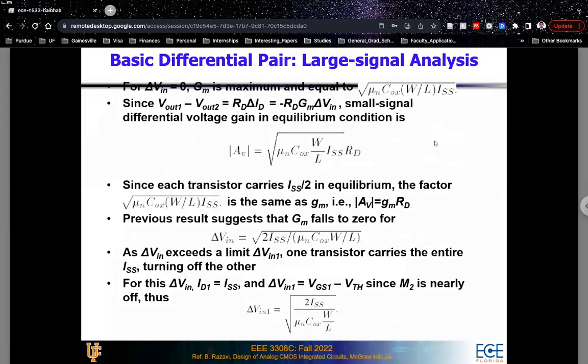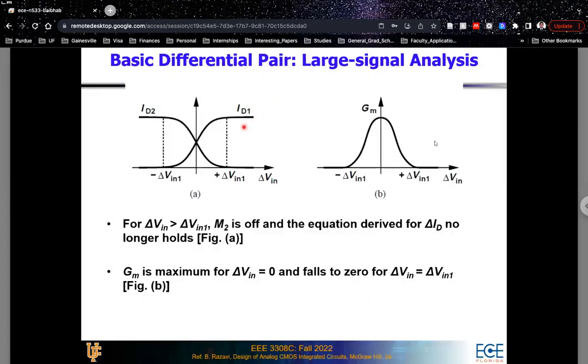All right. So if you just plot your ID1 or ID2 with respect to del V in, then it becomes a graph like this. And this directly comes from the equations that we derived in the past few slides, that if your del V in is very much larger, then all you have will be ID1, whereas ID2 will reduce to 0.